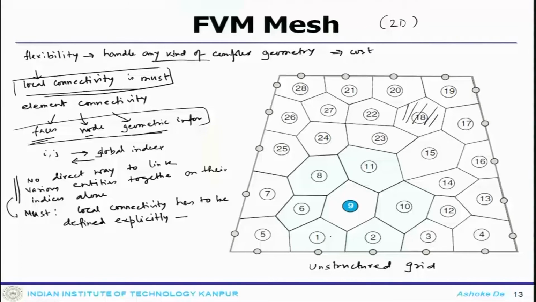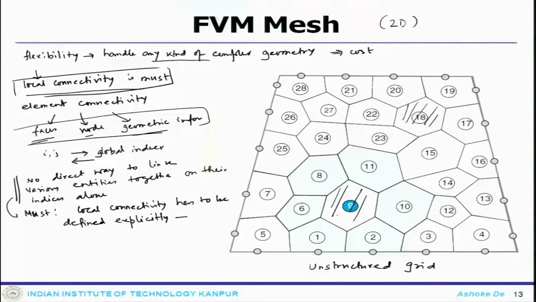So, if you just concentrate on a particular element, then we can look at this complete domain. Now, you can look at this particular element, element number 9, and if you see how things are done, that would give you a clear idea how the connectivity and the flux calculation needs to be done for this interior element. So, let us concentrate on element number 9.